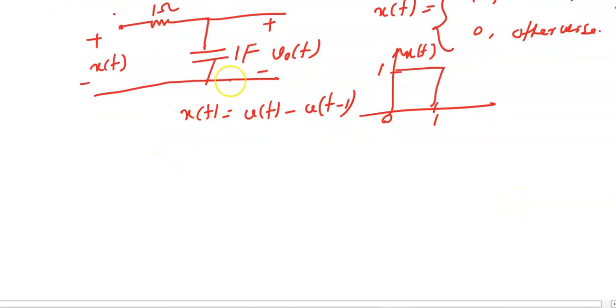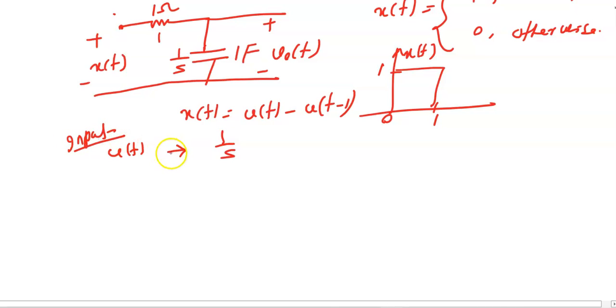So taking the Laplace transform of both sides, initially we are assuming that there is no initial charge across the capacitor. So this is 1 and this is 1 upon s. So I assume that I have applied u(t), so on this side I will have 1 upon s, clear?